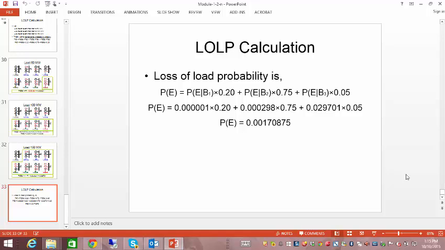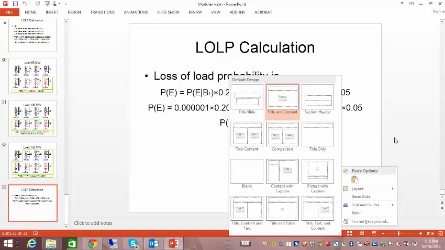Now, this example shows that by the use of simple combinatorial properties of the events or the probabilities, we can compute the loss of load probability. Of course, this system is small. Now, if the system is large, then there are many algorithms which have been developed to compute this, but the basic underlying idea is the same.